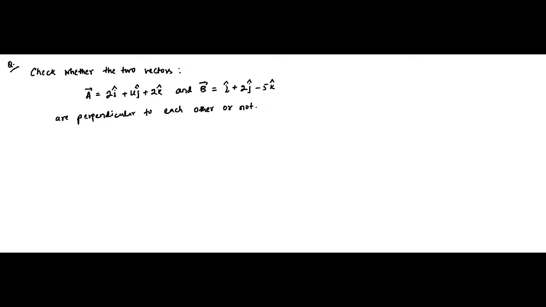So here we'll be using the basic definition, according to which the dot product of two vectors, A vector and B vector, is expressed as A vector modulus B vector modulus cos theta. And cos theta is then expressed as A vector dot B vector by A vector modulus B vector modulus.